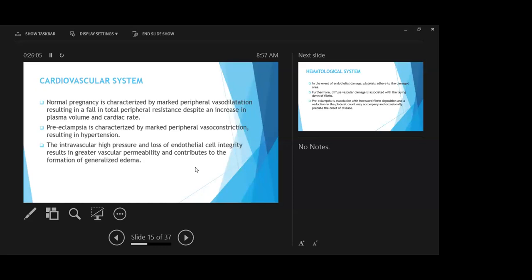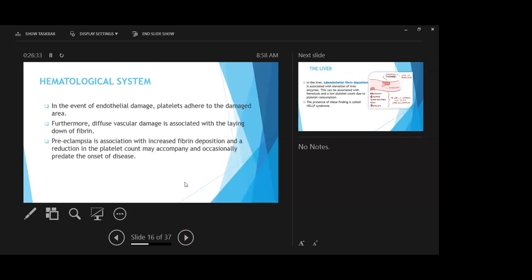So remember that peripheral vasodilatation is normal. That's why women may complain of a little bit of itchiness of the hands, because of that vasodilatation. That is the normal thing, but in preeclampsia, the reverse happens. So there's loss of cell integrity resulting in greater vascular permeability, which contributes to the formation of edema.